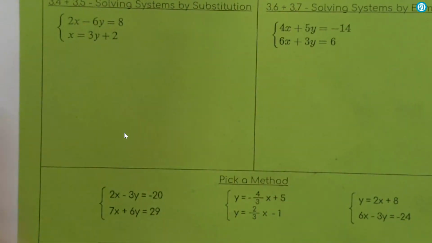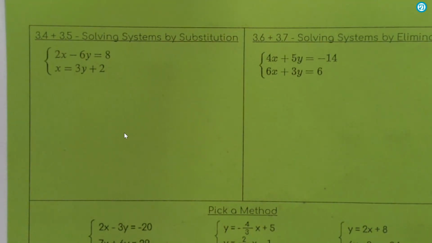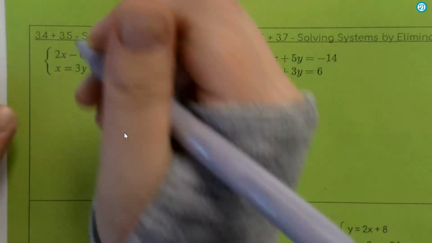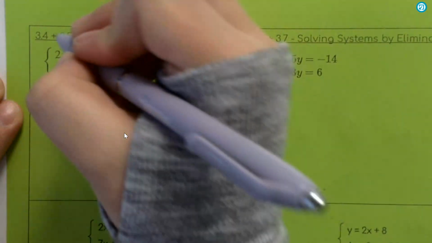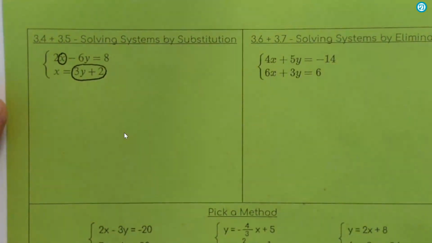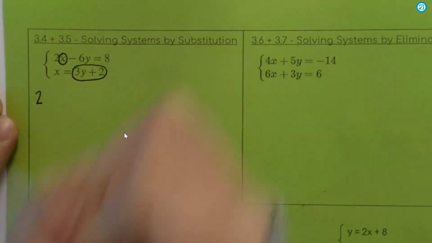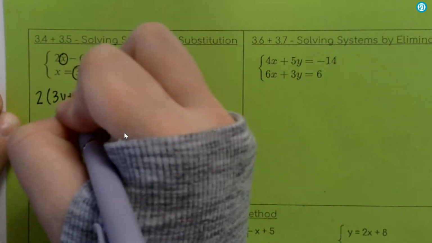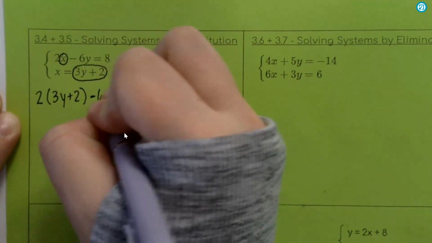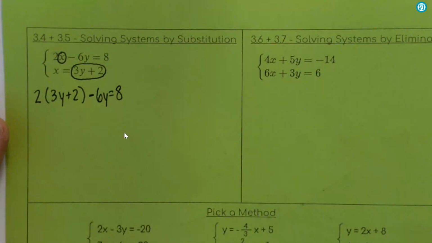For this 1 example of substitution, we know x equals 3y plus 2. So we're going to take that 3y plus 2. We can plug it into our other equation for x. So we're going to do 2. Instead of x, we're going to plug in 3y plus 2 minus 6y equals 8.